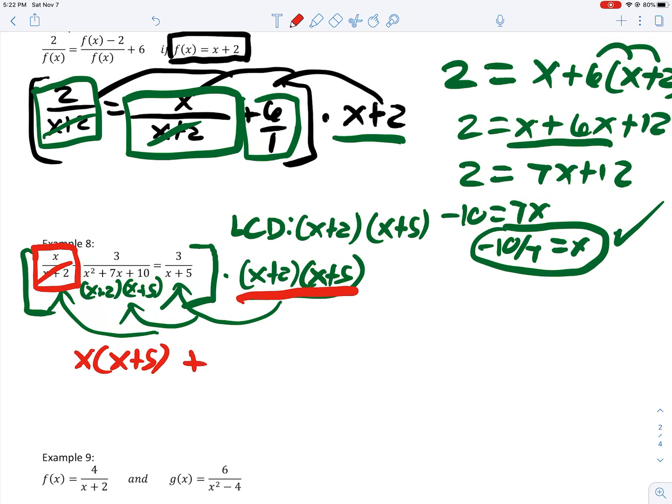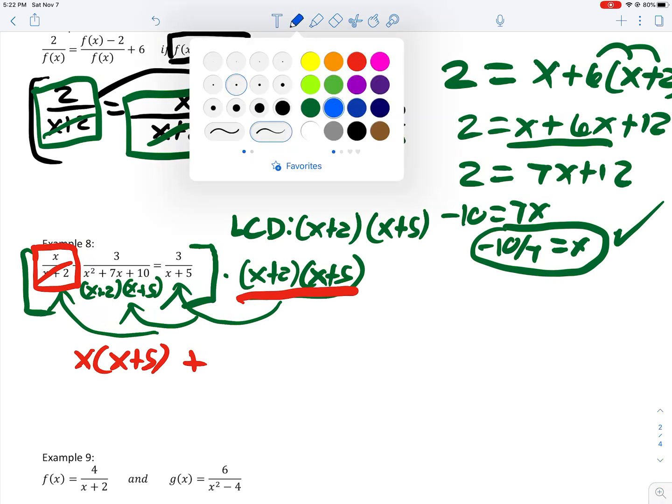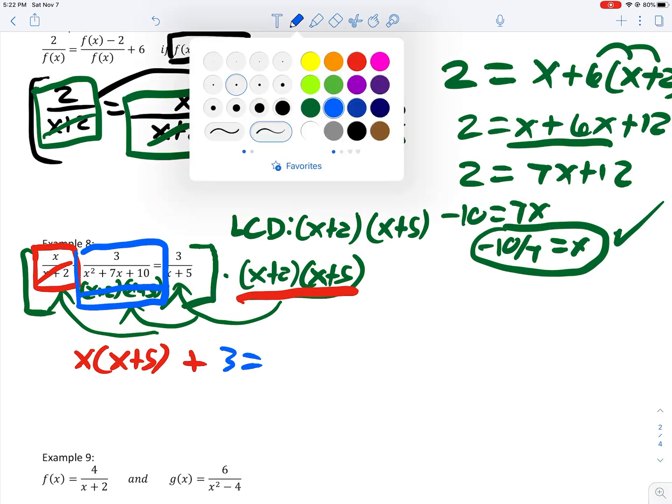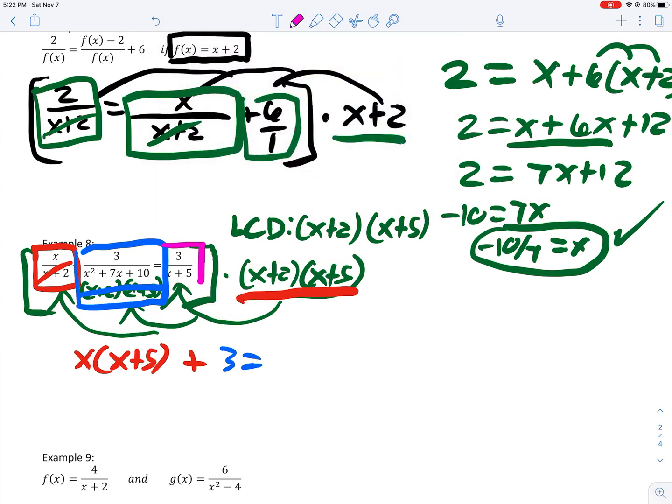Plus, okay, now I'm doing the middle fraction here, right? The denominator would reduce with all of that. So all you would have left is 3. And then the last fraction, right? If you multiplied, just the x plus 5's would reduce. So all you would have left is 3 times x plus 2.